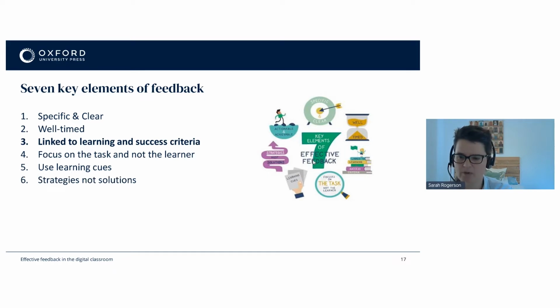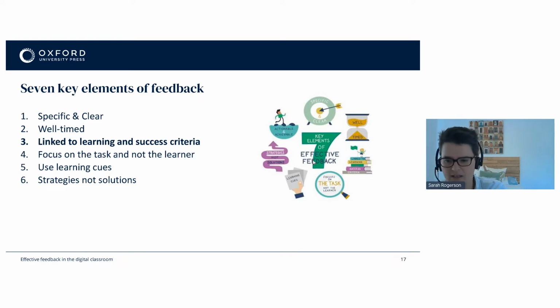The 6th point is about strategies and not solutions. The quote to think about here is the "give a man a fish" quote, really. Feedback shouldn't give students the answer, the solution. We don't want to give them the solution, because we want our students to go away and come up with a solution themselves.